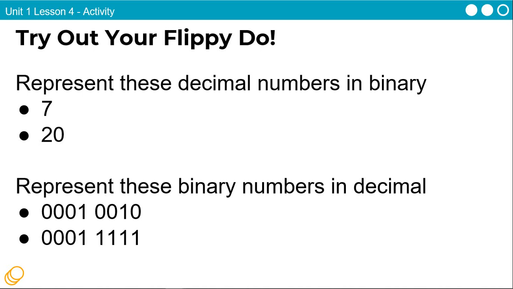If you go through the whole process, starting from the left and going all the way to the right, you start at the highest number, and if you can't subtract that value out of the number that you're trying to convert from decimal to binary, then you can't utilize it.